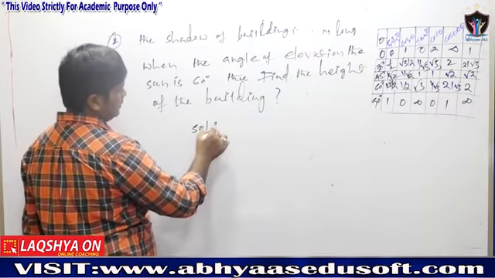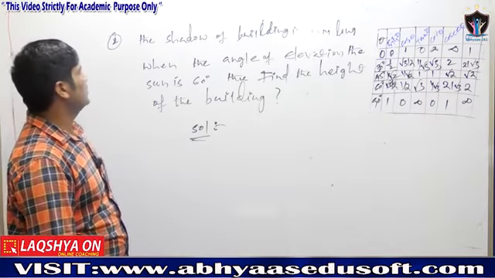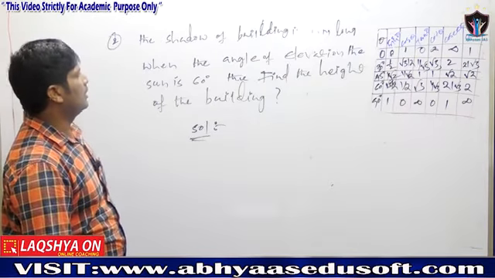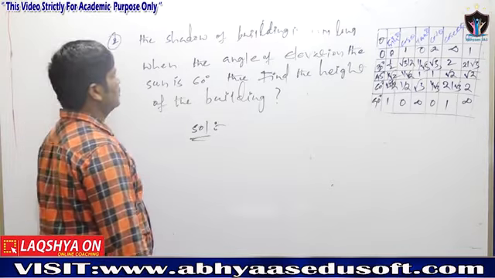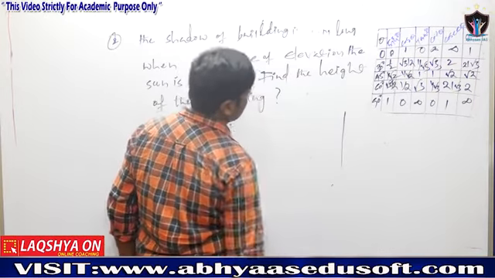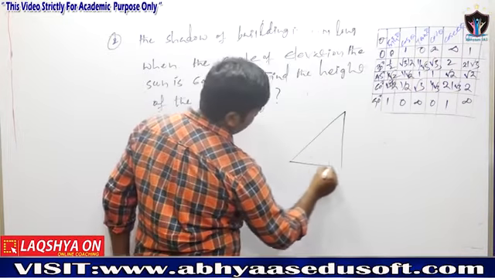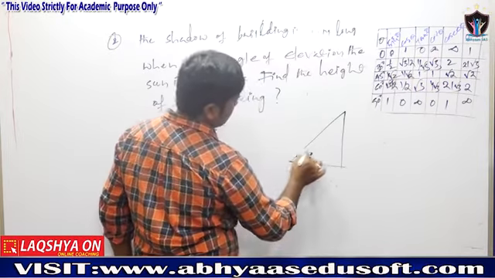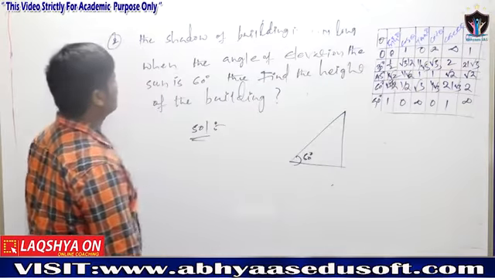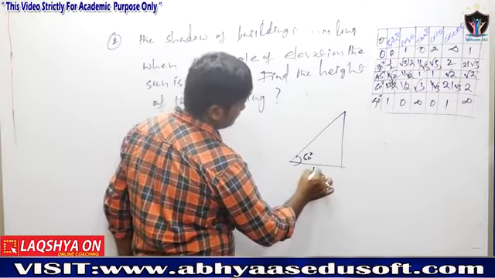Directly we can take the solution. The shadow of a building is 10 meters long, and the angle of elevation of the sun is 60 degrees. Now this is the building, and the elevation angle it makes is 60 degrees, and the shadow will be 10 meters.